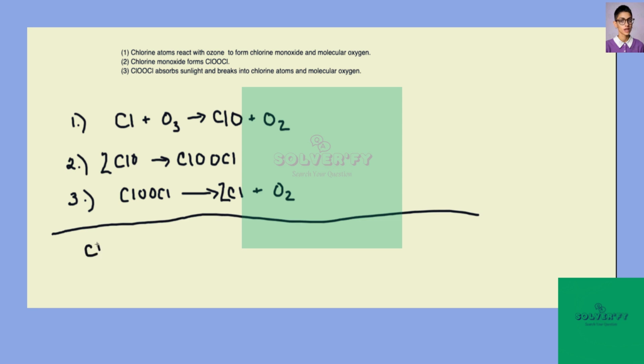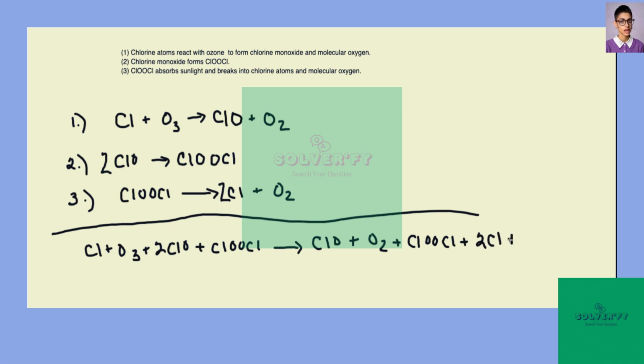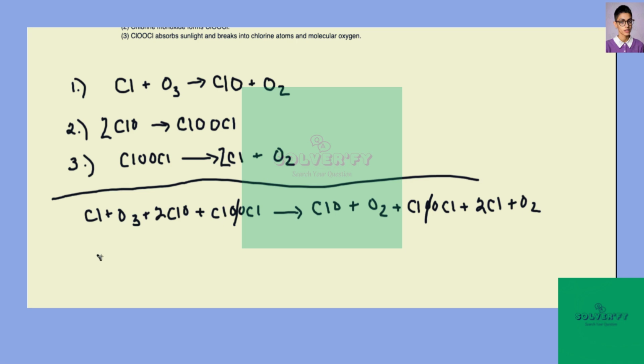So we take all of our reactants, and all of our products, since this appears on both sides, we can cross it out and simplify. And I'm going to combine my like terms.